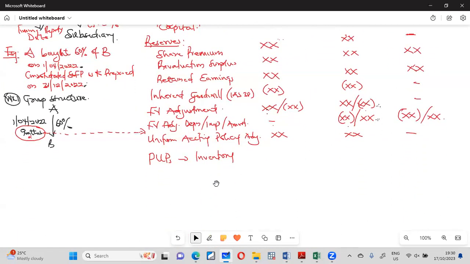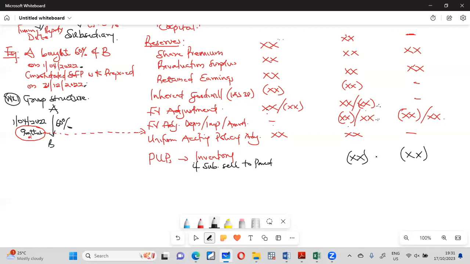So the inventory PAP will come here if the subsidiary sells to the parent. You are removing the profit on that, so you remove it. That's the PAP.